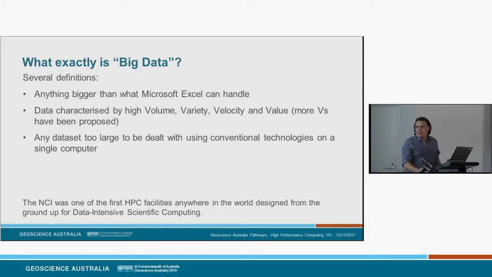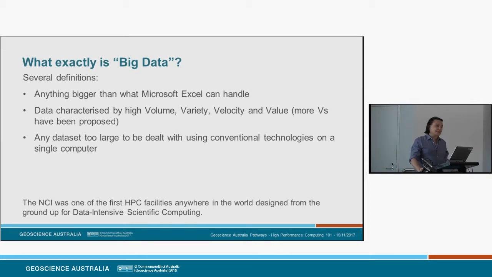An interesting point is that the NCI was actually one of the first data-centric scientific computing facilities set up in the world. I spoke to a few people from Europe and they were being offered compute from various facilities, but they'd go along and the compute facilities would say, oh, a terabyte, that's a lot of data, and we were happily playing with petabyte scale data at the NCI.